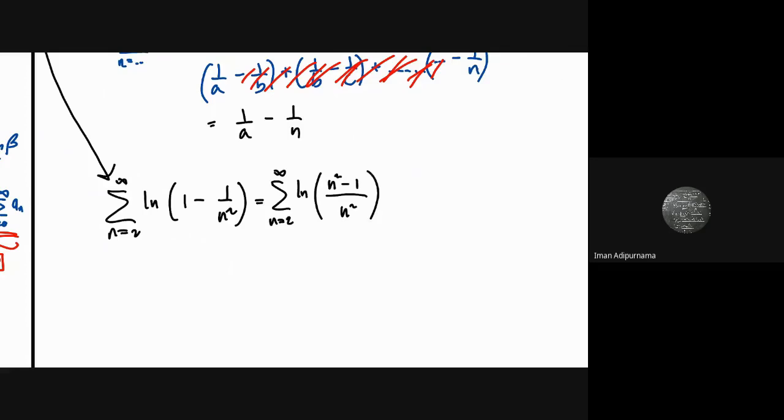So first, we arrange this, okay, and then we arrange the squared. It becomes this. We factorize the n squared minus 1.